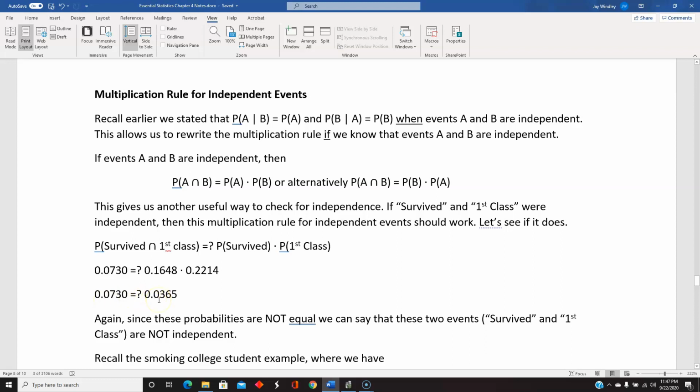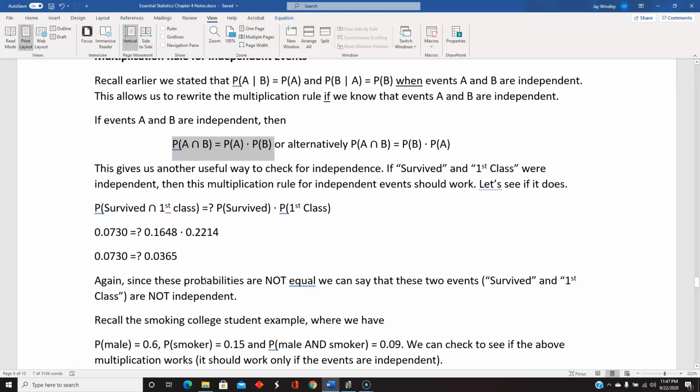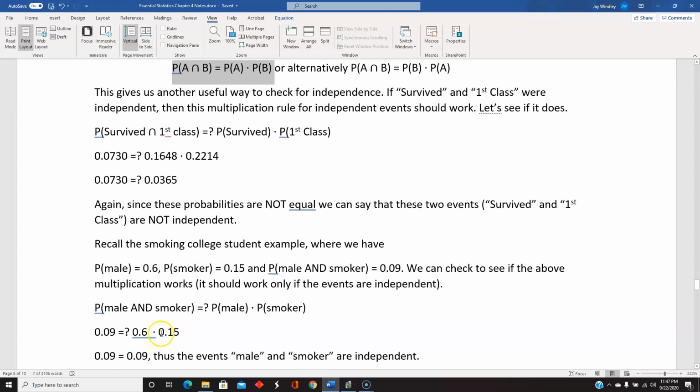But even if it was close but not equal, we would still say this is evidence that they're not independent, because these two probabilities would be equal if they were independent, since this multiplication rule would work for independent events. So going back to the college student smoking example, you can do the same kind of check.